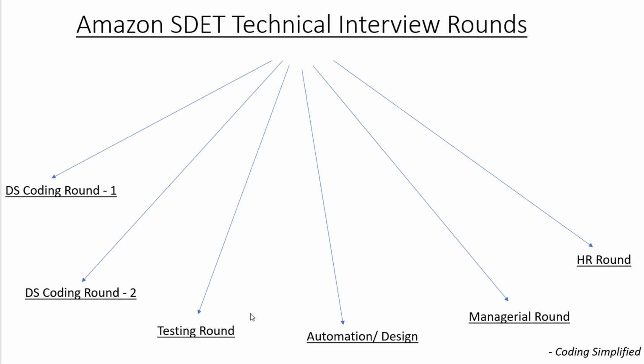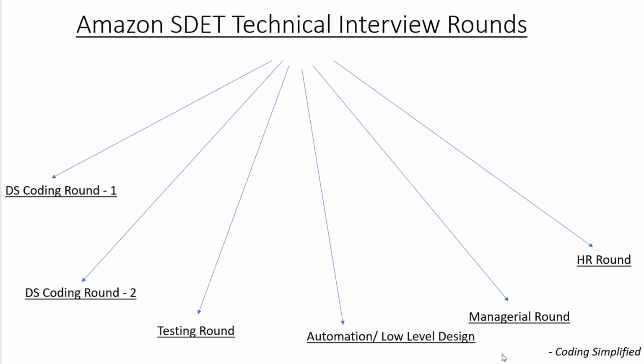Basically these two rounds will be a combination. Sometimes one round will be completely focused on testing, or one round completely focused on automation, or you can see that here we also have the design section as well. In general, they don't focus much on system design, but they can focus on low level design. So I should say it's mainly low level design.